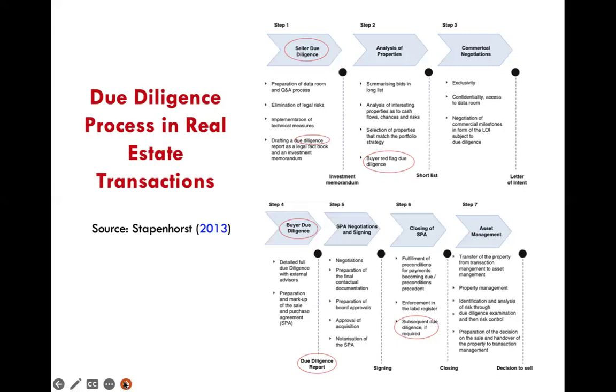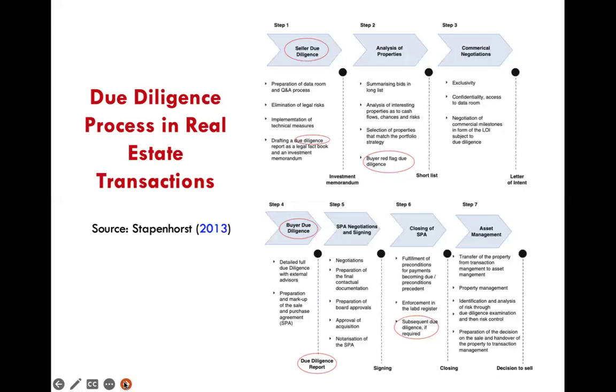And they would have the opportunity to conduct a full due diligence, both of the physical, the legal, the technical, and even of the tax implications of the purchase, right? And the information generated from this fourth stage will feed into the preparation of a sale and purchase agreement.